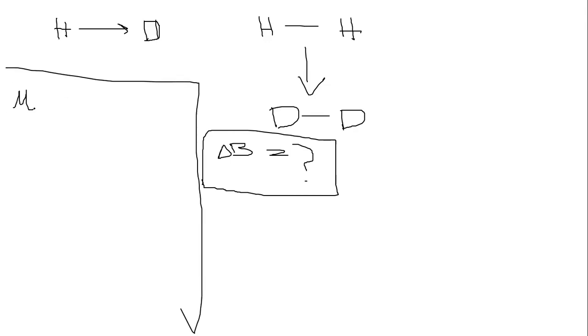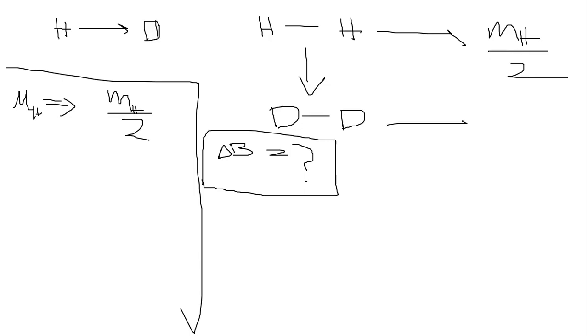we found the effective mass for hydrogen, when both are hydrogen, that is MH by 2. Similarly, in this case it is MH by 2, both are hydrogen. So in this case it will be MD by 2 since both are deuterium. So mu D will be MD by 2.